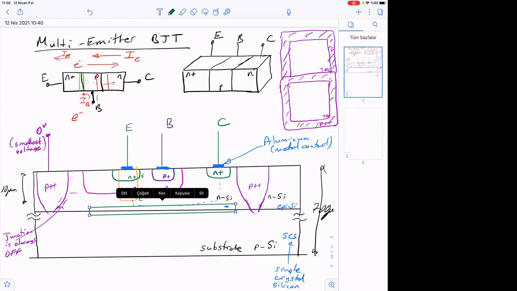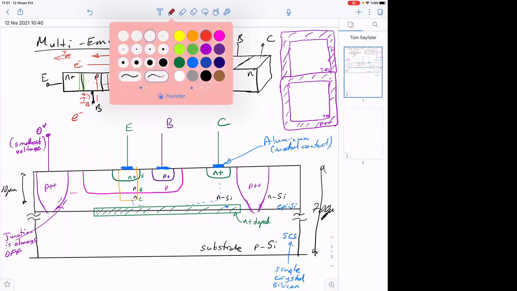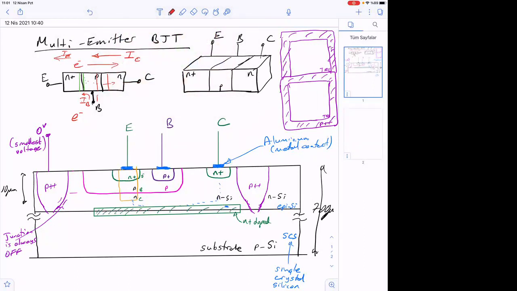So you can put here again an N plus doped region, and therefore when you try to follow the current, it will go from here, through a very small resistance, and all the way up here, and then collector, base and emitter.